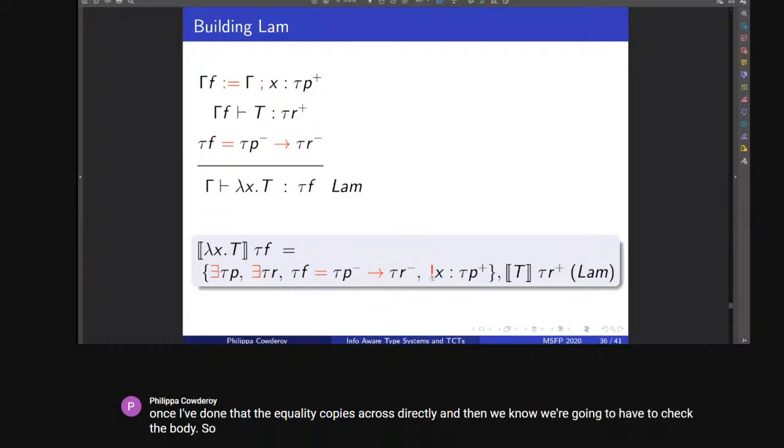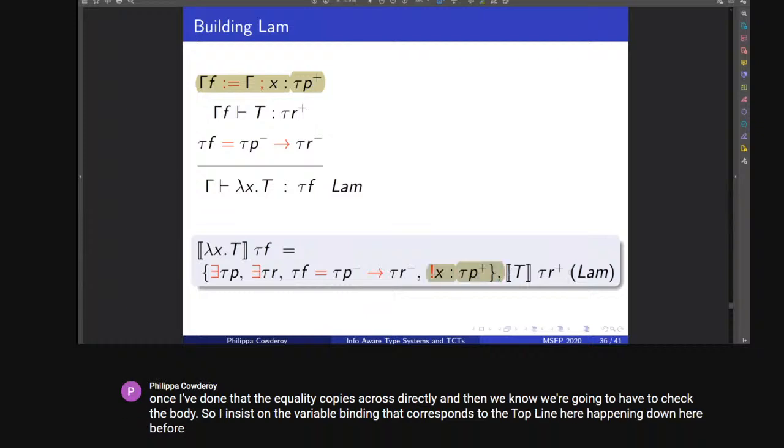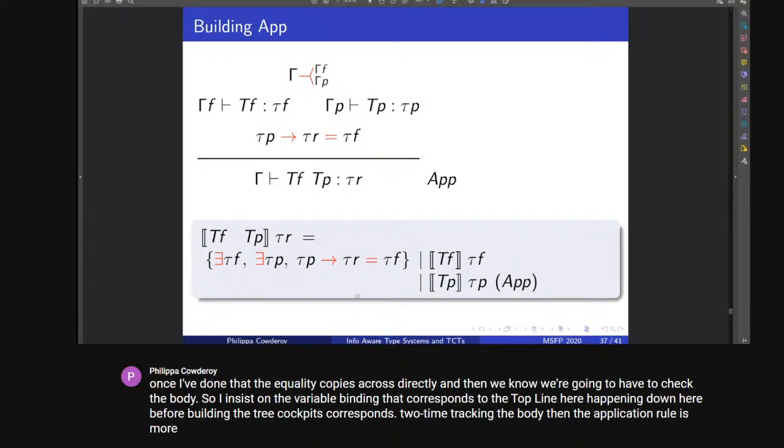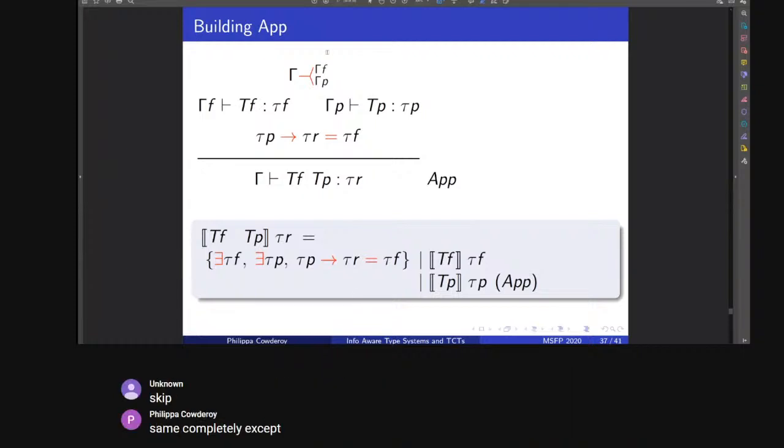So I insist on the variable binding that corresponds to the top line here, happening down here, before building the tree that corresponds to type checking the body. Then the application rule is more of the same completely, except that we finally have a duplication.